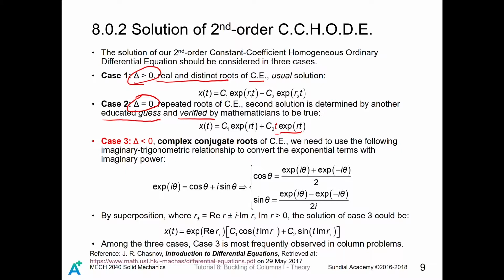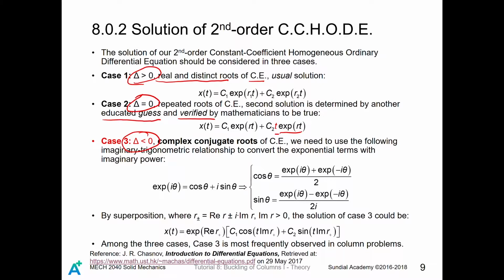Although those two cases very often occur in other contexts, for our course the most frequently observed is case 3, where delta is less than 0. In this case, we have to deal with a little bit of complex numbers.